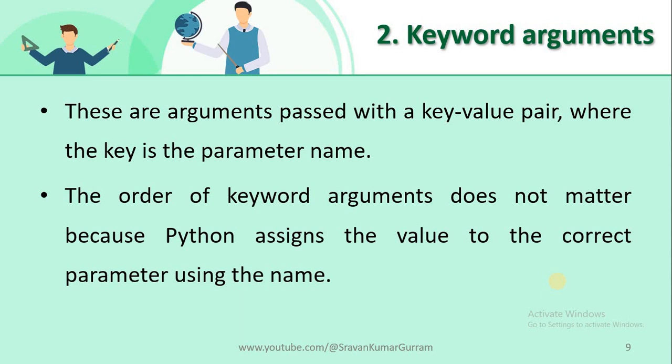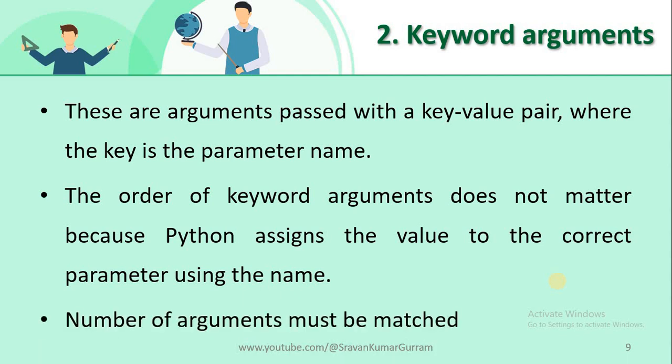So in this, we are using the parameter name while passing the values. That's why depending on the name, the actual argument values will be assigned. So if you change the order also, that doesn't give any effect. The number of actual arguments we are passing must be matched with the number of formal arguments. Otherwise, it raises an error.